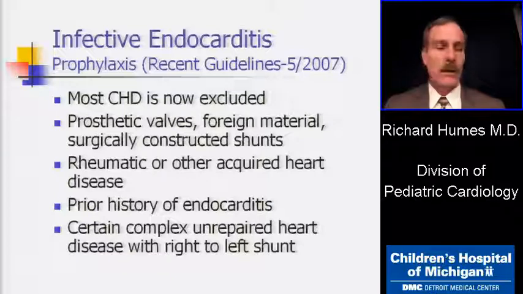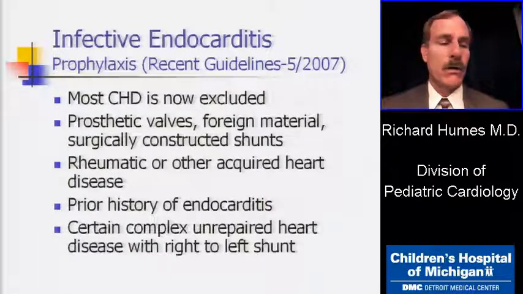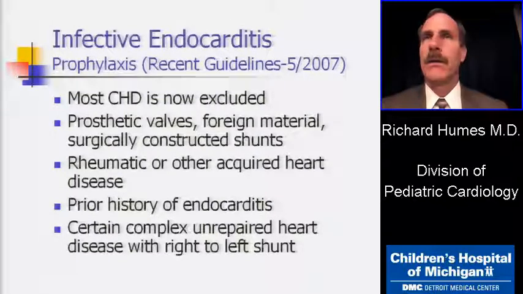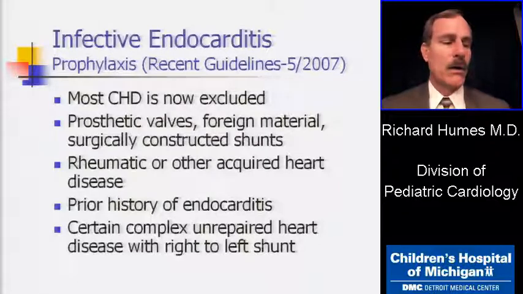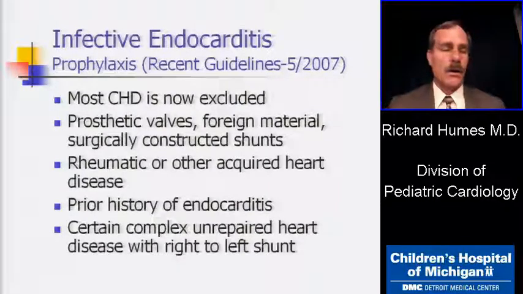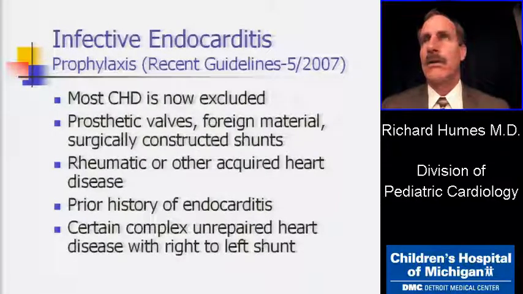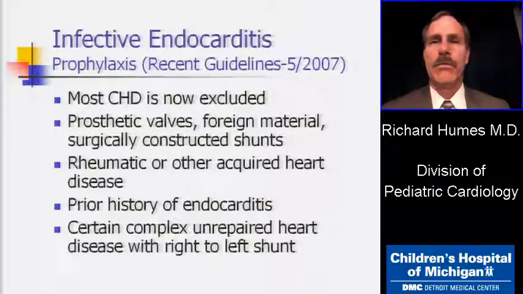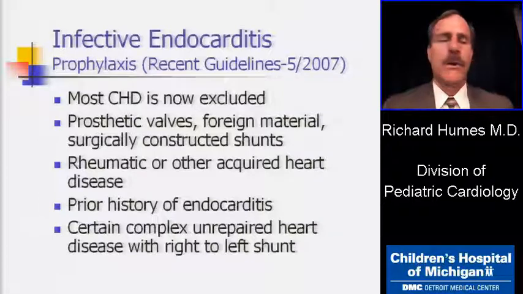Patients who've had rheumatic or other heart disease still receive prophylaxis. A prior history of endocarditis requires prophylaxis, as well as certain complex unrepaired heart disease, particularly those with right to left shunt. So that is really the short list of patients who receive SBE prophylaxis now in the dental office.